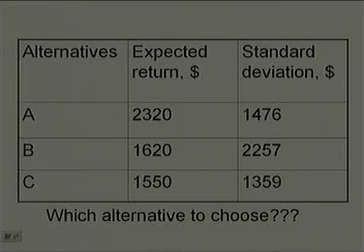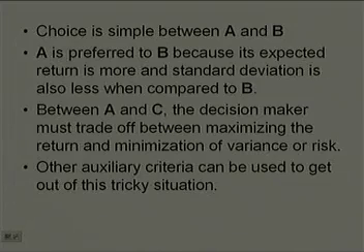Now, if you look at these 3 criteria very closely, the maximum expected return is corresponding to alternative A and the lowest is for alternative C. So, what you can do here is that between A and B, the choice is very simple.